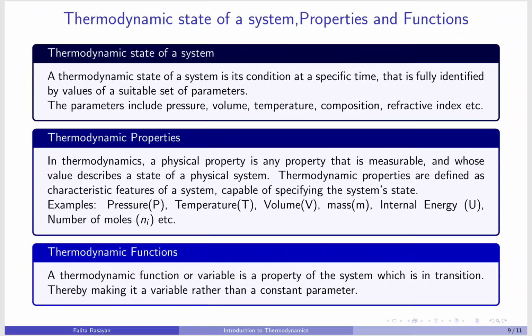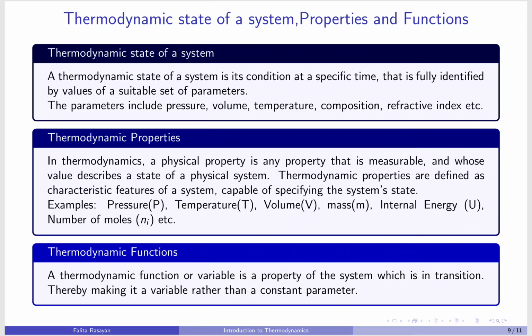Then we have thermodynamic function. A thermodynamic function or variable is a property of a system which is in transition, thereby making it variable rather than a constant parameter. So listen carefully. When I have defined the system as unchanging, then the parameters that define the system are its properties. But suppose heat or energy transfer is occurring from the system or to the system, so the system is changing.